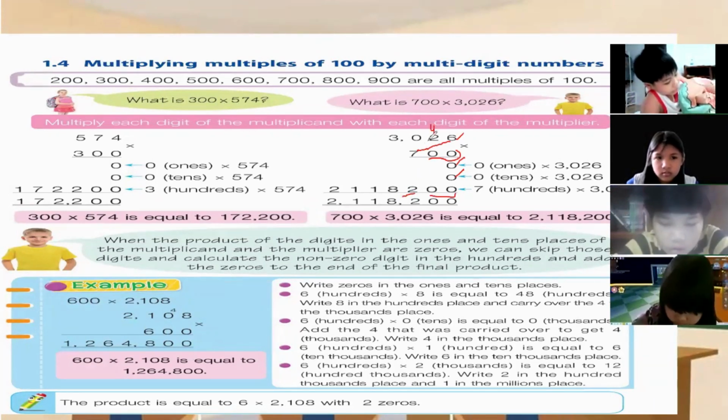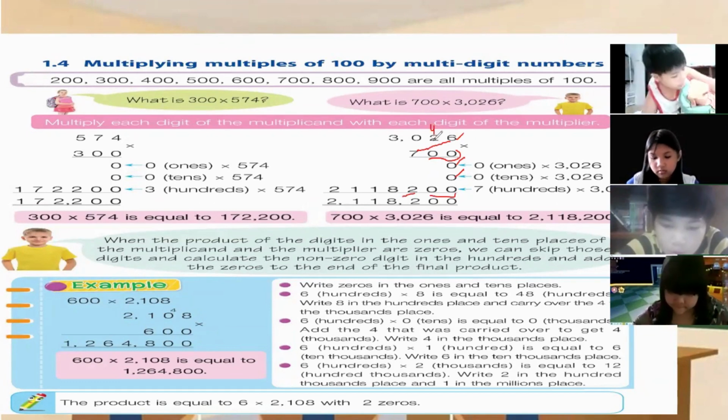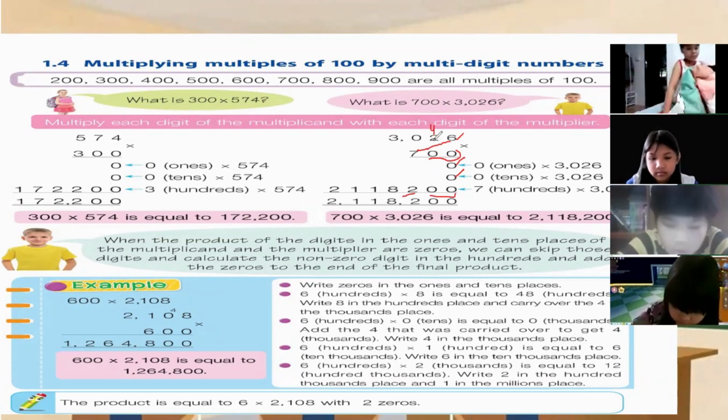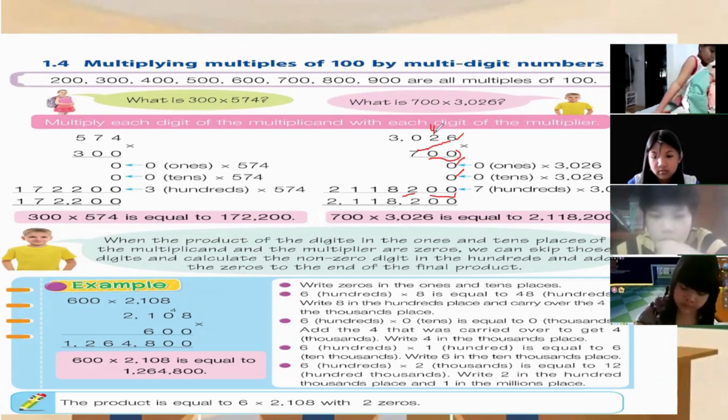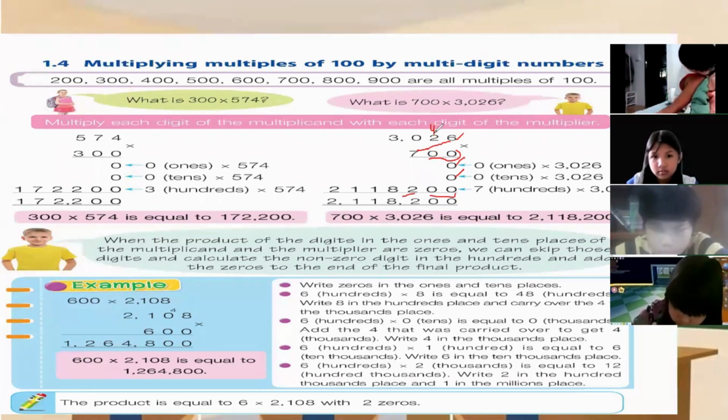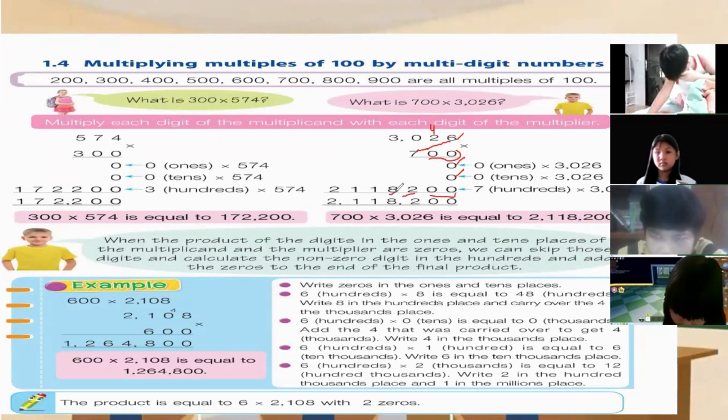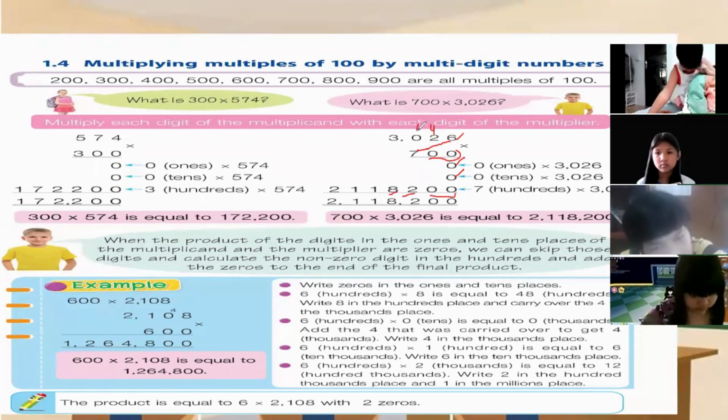Now again, 7 multiplied by 2 becomes how much? 14. Very good. 14. And we have 4 tens carried over at the place 10. So 14 plus 4 becomes 18. Very good. So 8 we're going to write at the place 1000, and 1 we are going to carry over at the place 100.